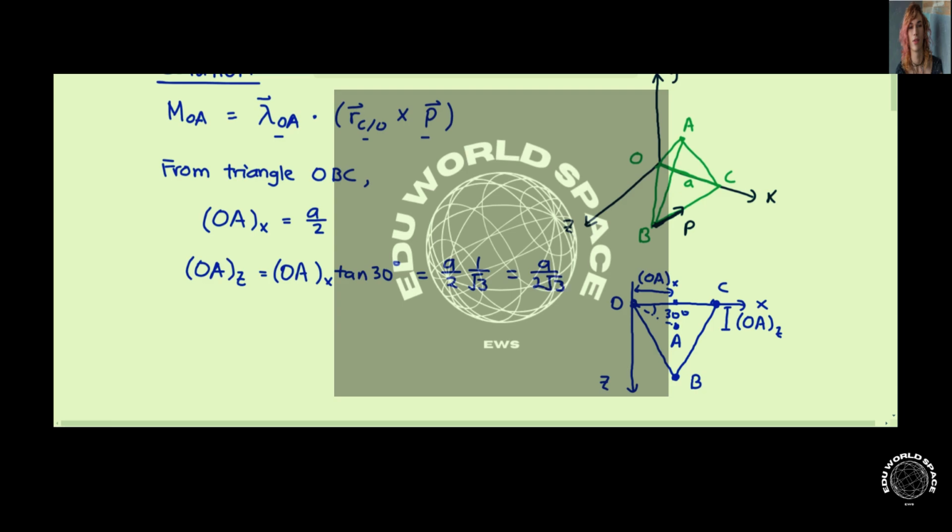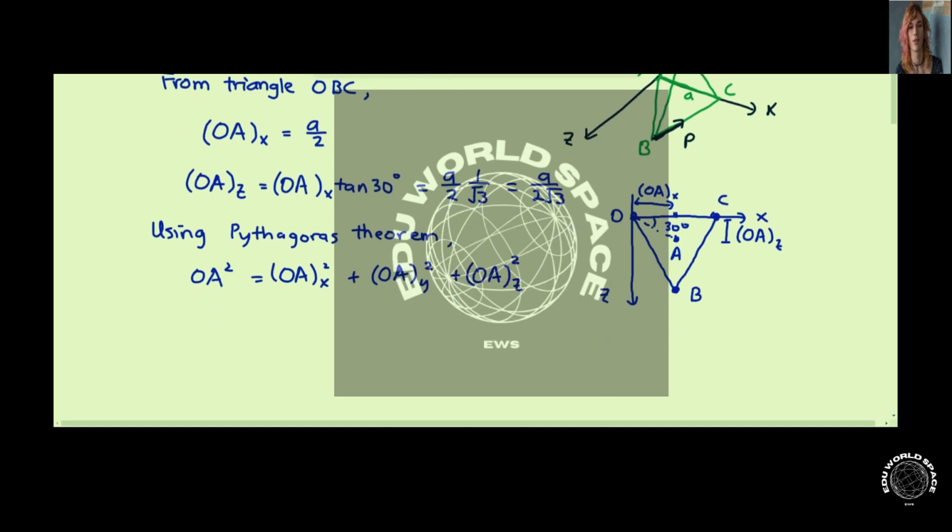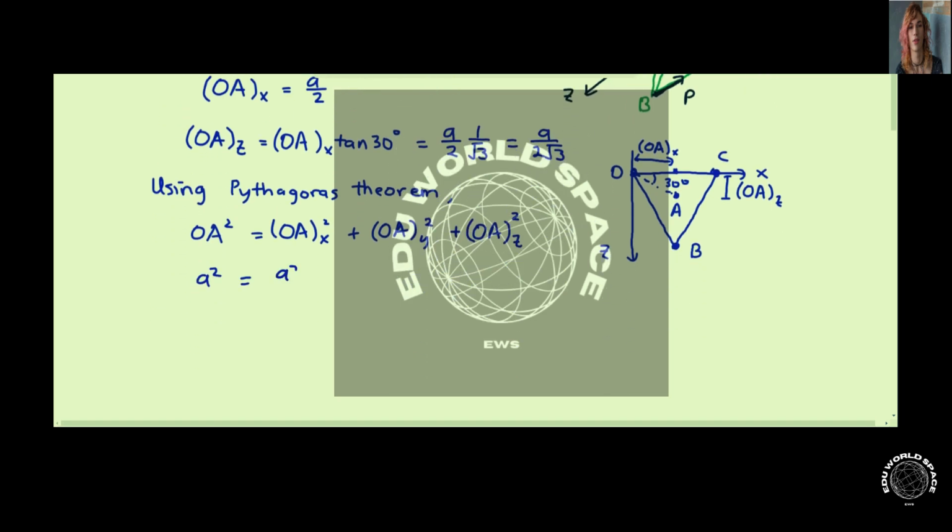To find OY, the Y component of OA, we'll be using Pythagoras theorem. OA squared is equal to the X component squared plus the Y component squared plus the Z component squared. So A squared is A squared over 4 plus OAY squared plus A squared over 4 times 3.